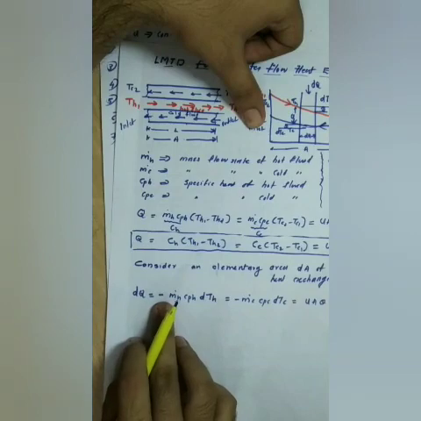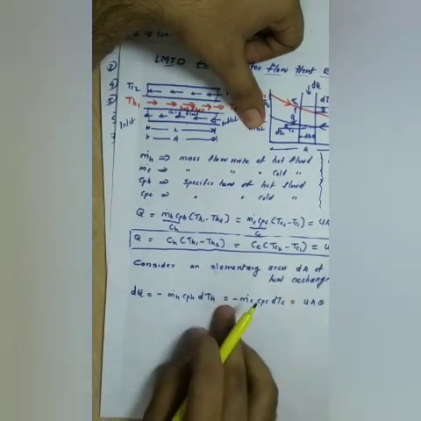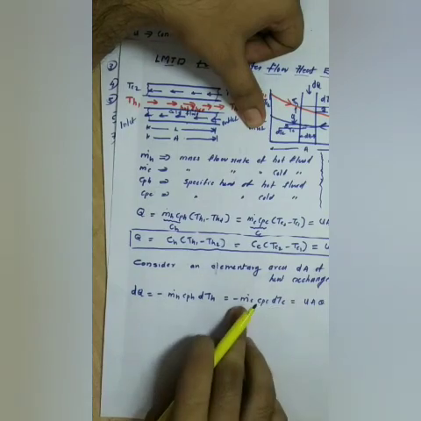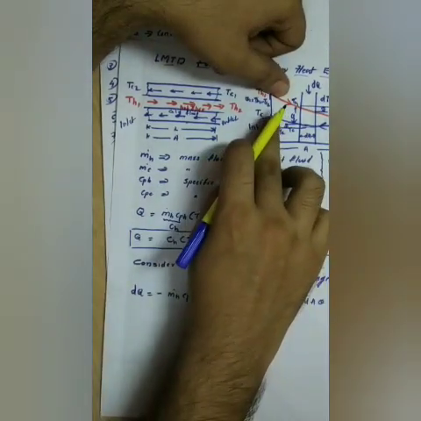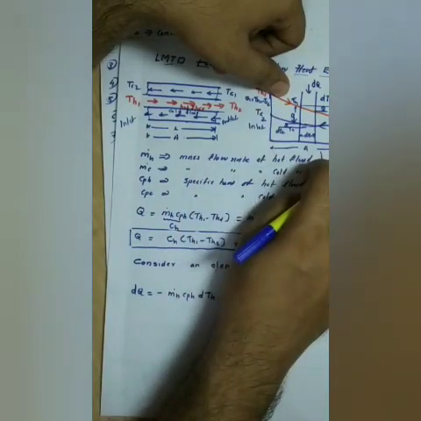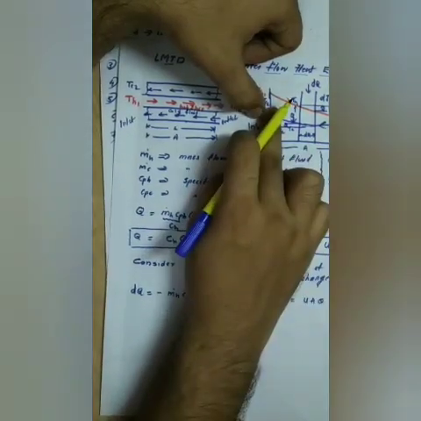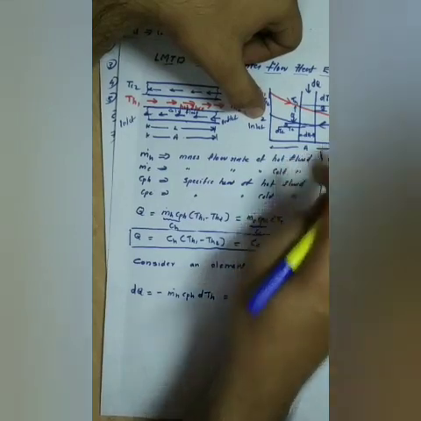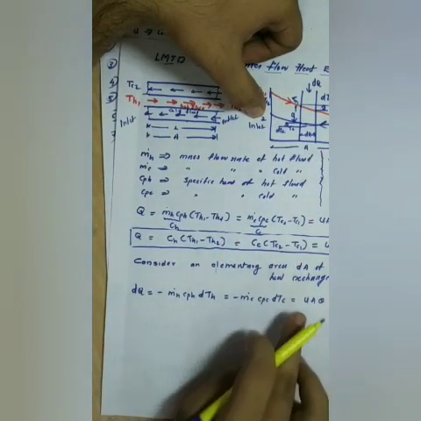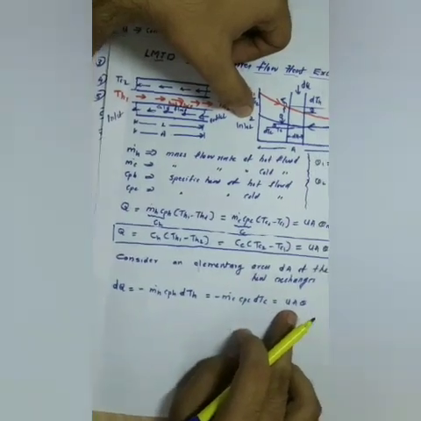So mH Cph dTh is equal to minus mC Cpc dTc. Again we require a minus sign because we are considering the inlet to outlet condition here. If you consider the inlet to outlet condition of cold fluid, the temperature is decreasing, so in order to compensate, I have put a minus sign, and this is equal to U dA theta.